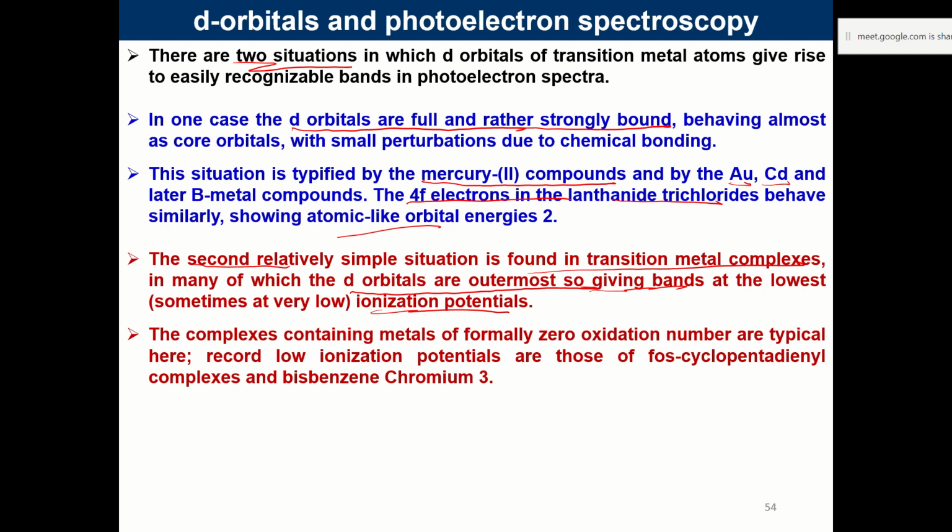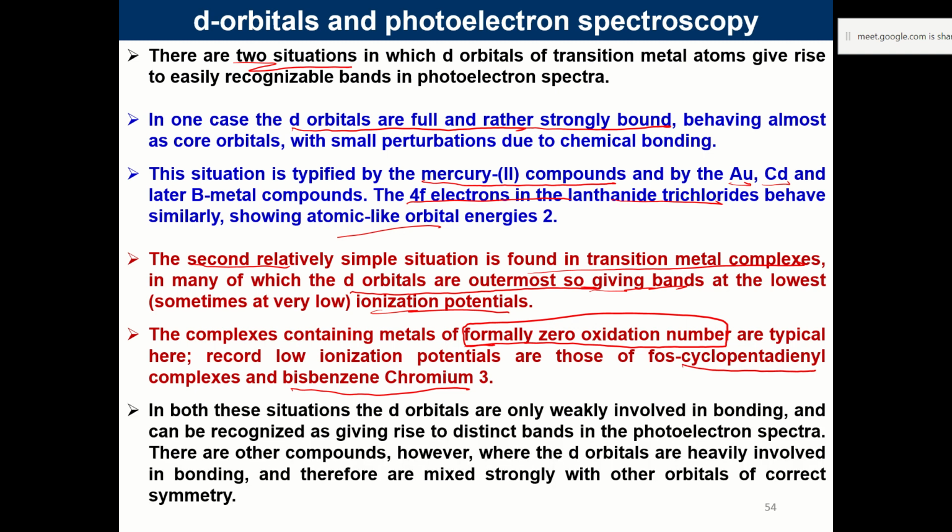So typically, if I simplify it for you, when you have zero oxidation state in complexes where the metal is in a very low oxidation state, there also this kind of thing will be very helpful. You may remember we discussed this in the first semester too, dibenzene chromium. So in those kinds of compounds where a zero or negative oxidation state of the transition metal is there, there also this technique is helpful.